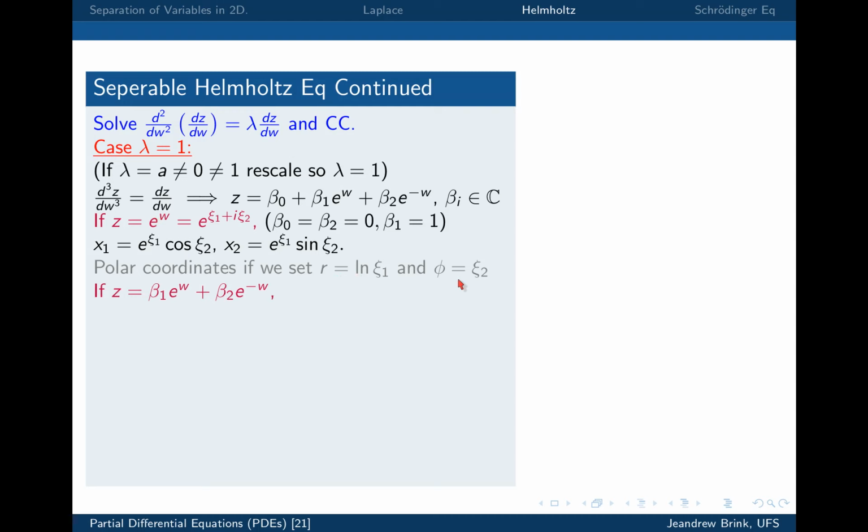The second case is, and I'm not even going to draw the picture for that, I'm going to do the more complicated one. If you have z equal to beta 1 e to the omega plus beta 2 e to the minus omega, and you now want to express that, and I'm going to assume beta 1 and beta 2 are actually real rather than complex.